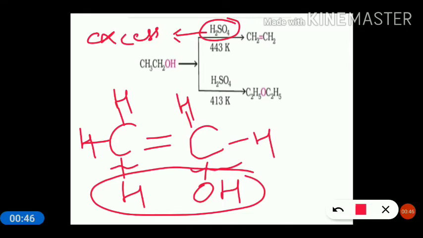Clear? But when the reaction condition is acidic medium H2SO4 at 413 Kelvin, at low temperature compared to the first one, here alcohol should be in excess. In the above case, the dehydrating agent is in excess. In the second case, alcohol should be in excess.